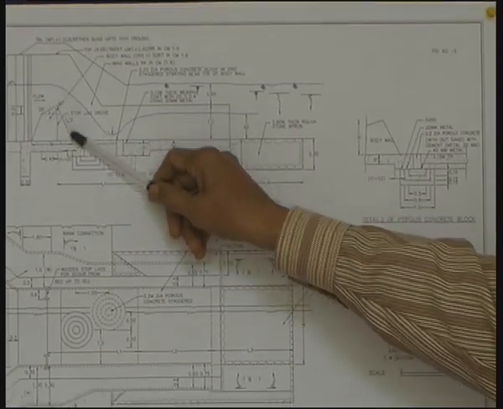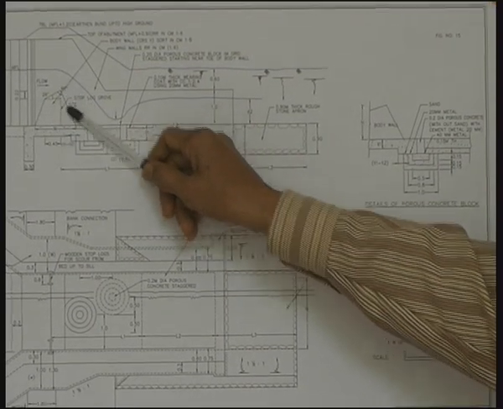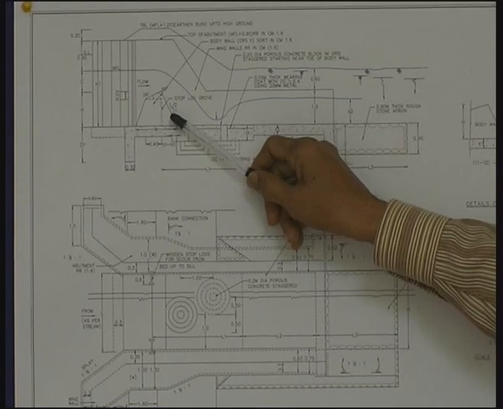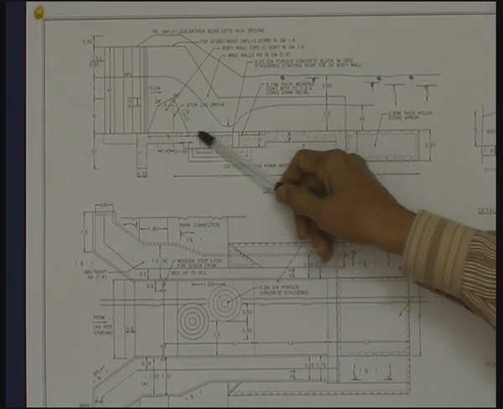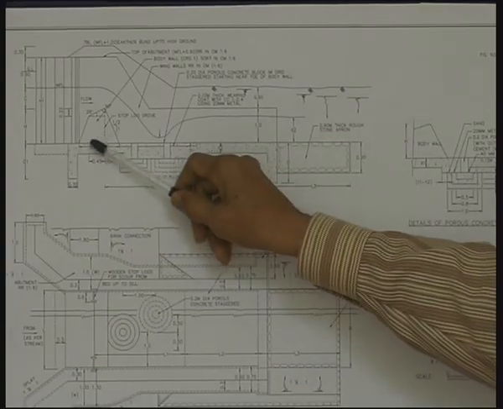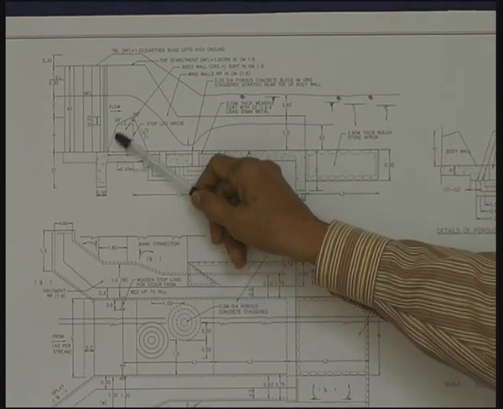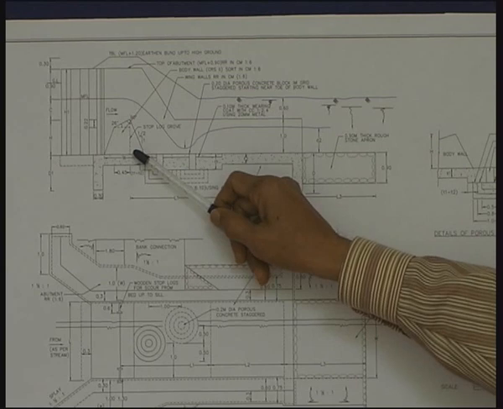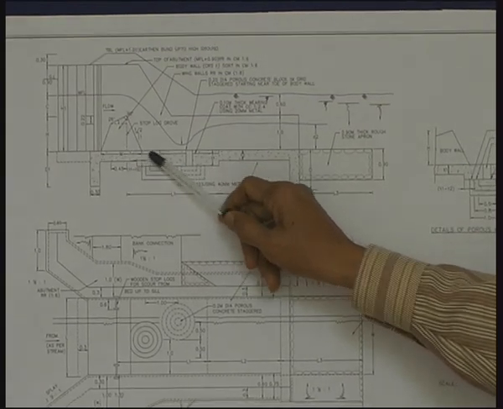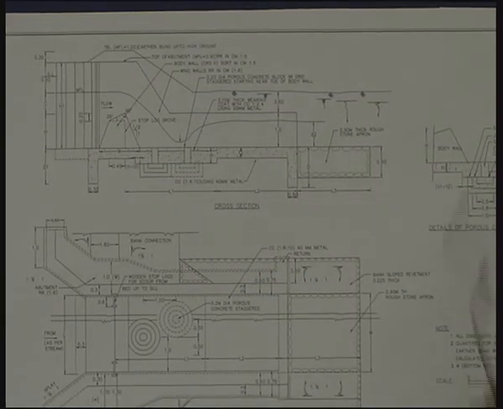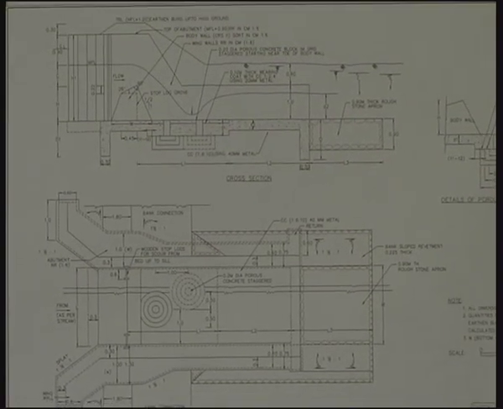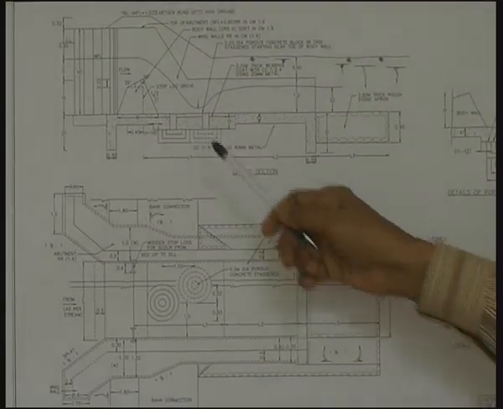A concrete or masonry body wall of this design can be constructed over a concrete apron. Now the design of this body wall has certain features that are intended for having the maximum coefficient of discharge.